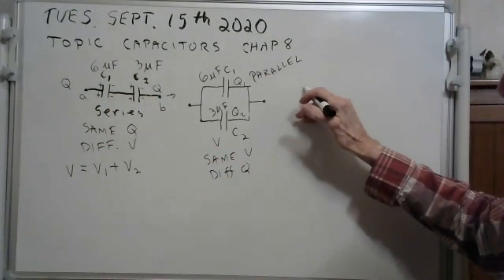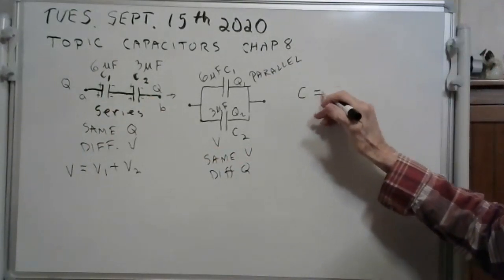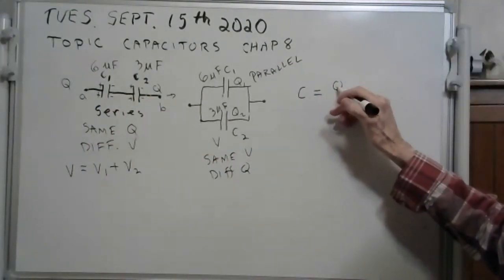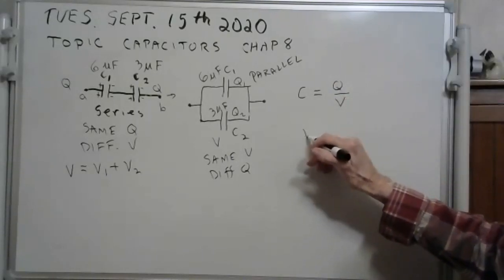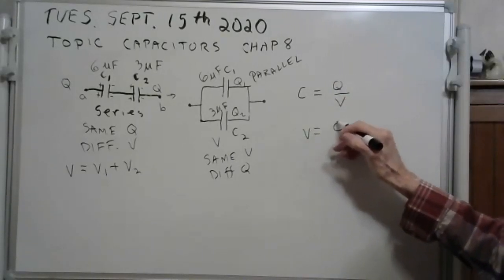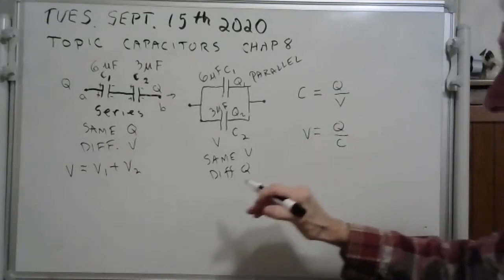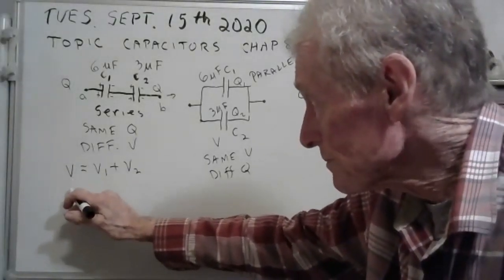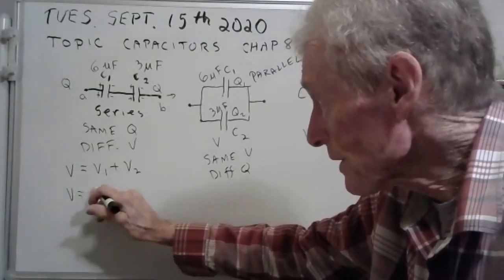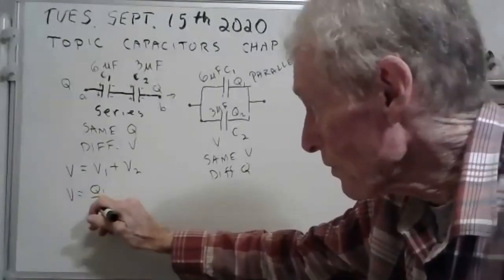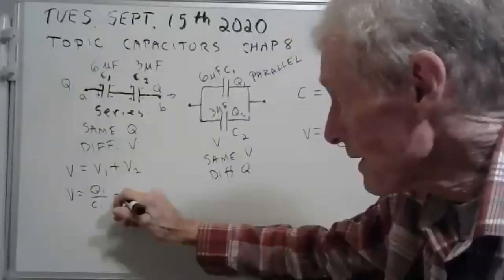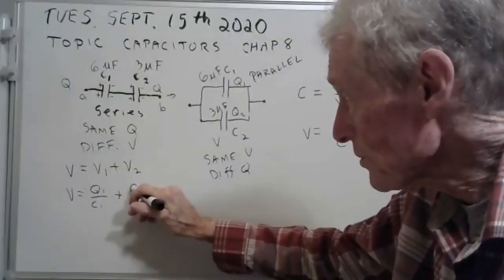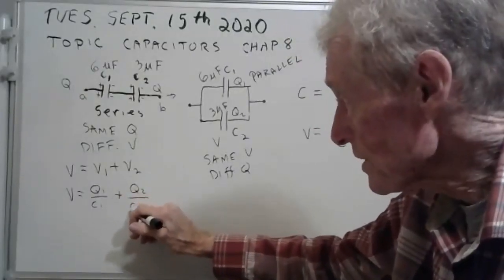But here's the way it works. C equals Q over V. So V is equal to Q over C. So this equivalent voltage will equal Q1 over C1. And this equivalent voltage will be Q2 over C2.